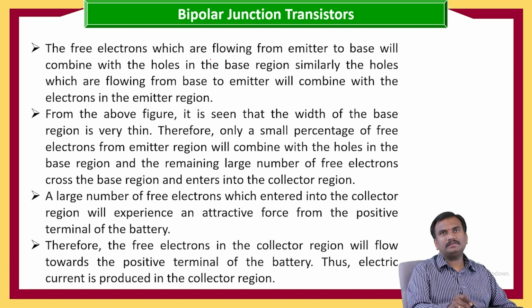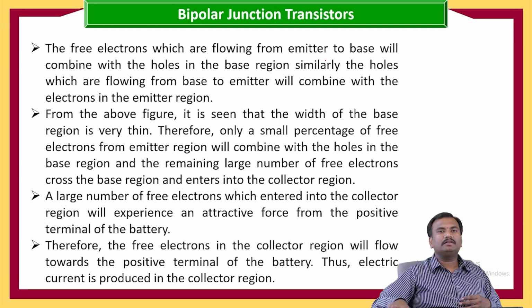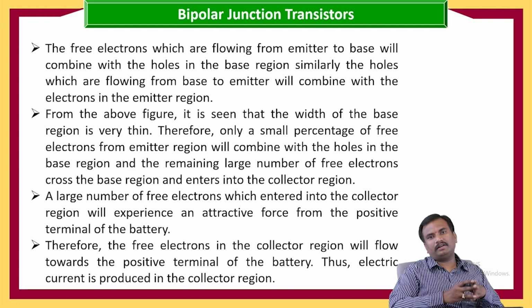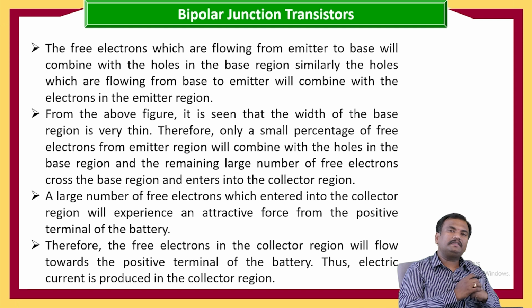The free electrons flowing from emitter to base junction form electron hole pairs in the base layer. Because the emitter is highly doped, a greater number of electrons will be present.